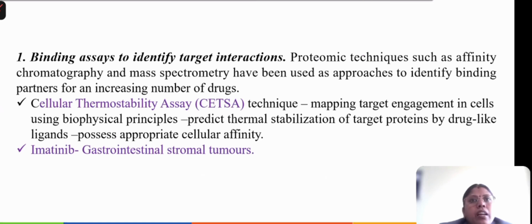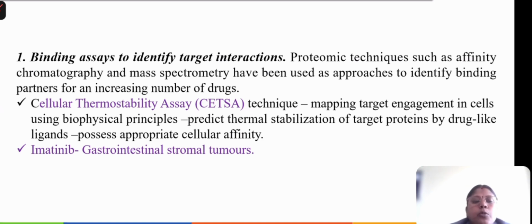So with this we are concluding the various computational techniques, where you exclusively use various statistical tools as well as online and offline computational tools. And then the real experimental techniques, the binding assays to identify target interactions. So proteomic techniques such as affinity chromatography and mass spectrometry have been used as approaches to identify binding partners for an increasing number of drugs.